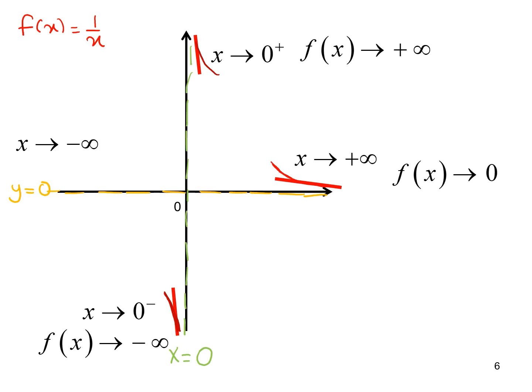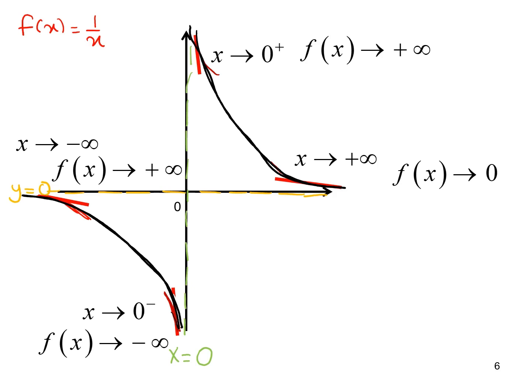Lastly, when x tends to negative infinity, f(x) tends to 0, and the graph might be somewhere here, approaching y equals 0. We try to sketch the graph. And this is our graph for the function f(x) equals 1 over x.